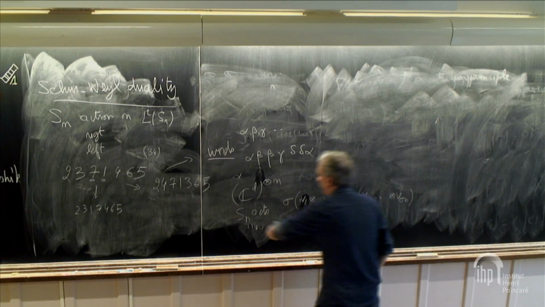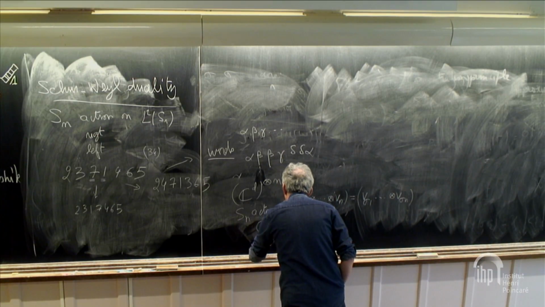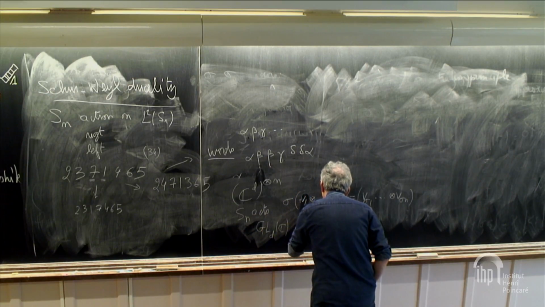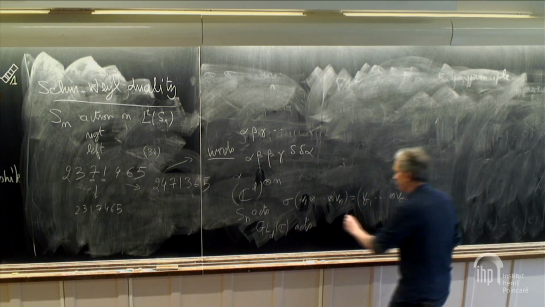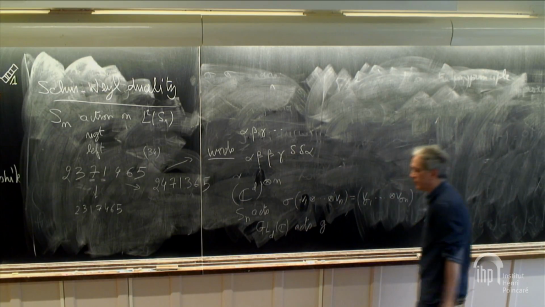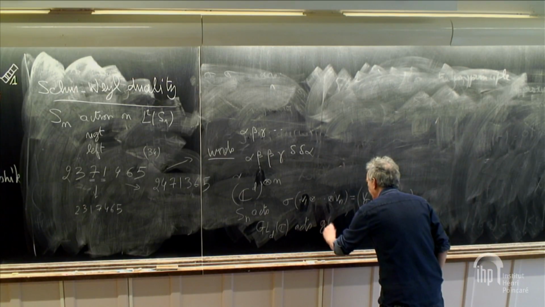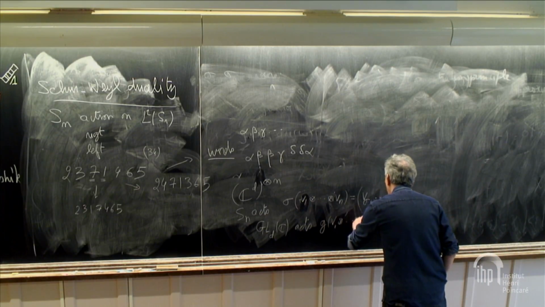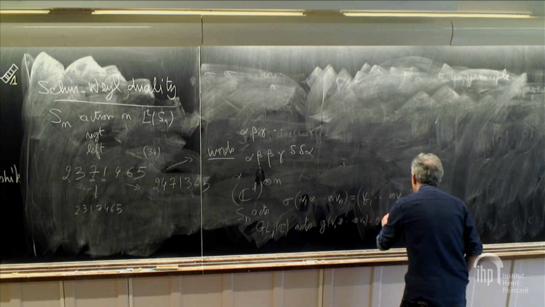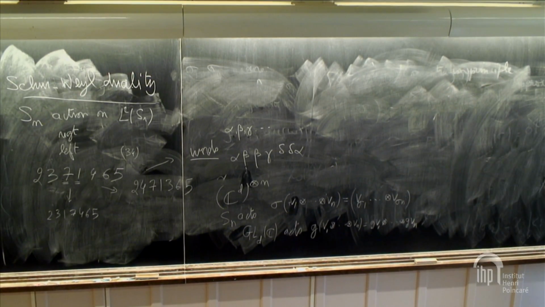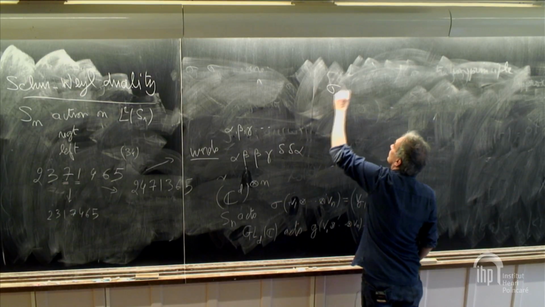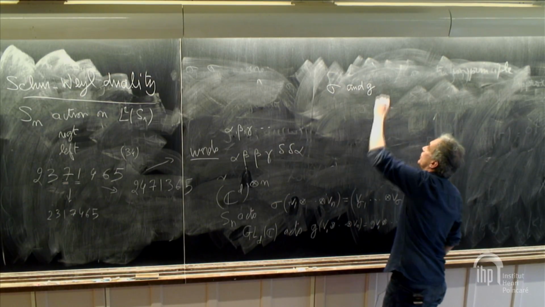And the group GL_D(C) acts on all the components of the tensor product. If I have a matrix g in GL_D(C), the matrix just acts like that. And it is obvious that the two actions commute: sigma and g commute.